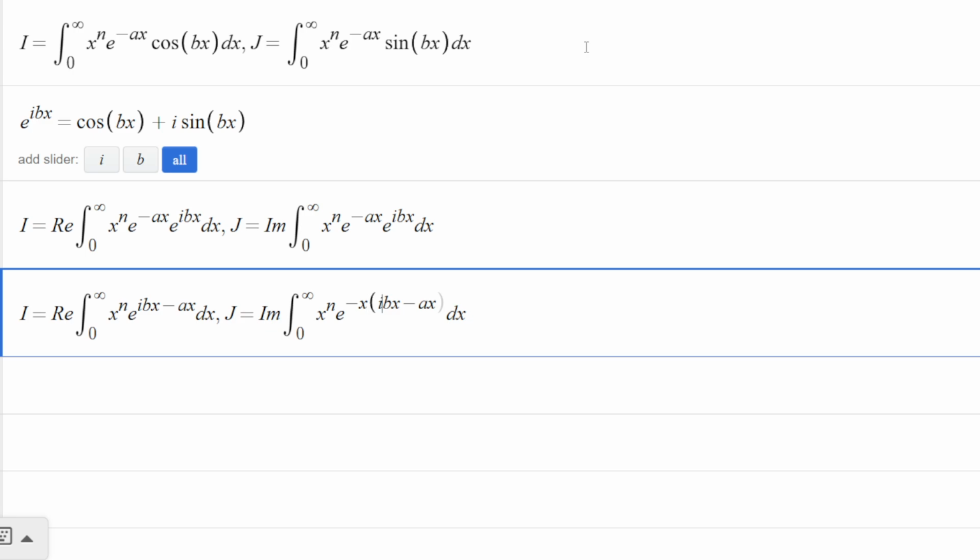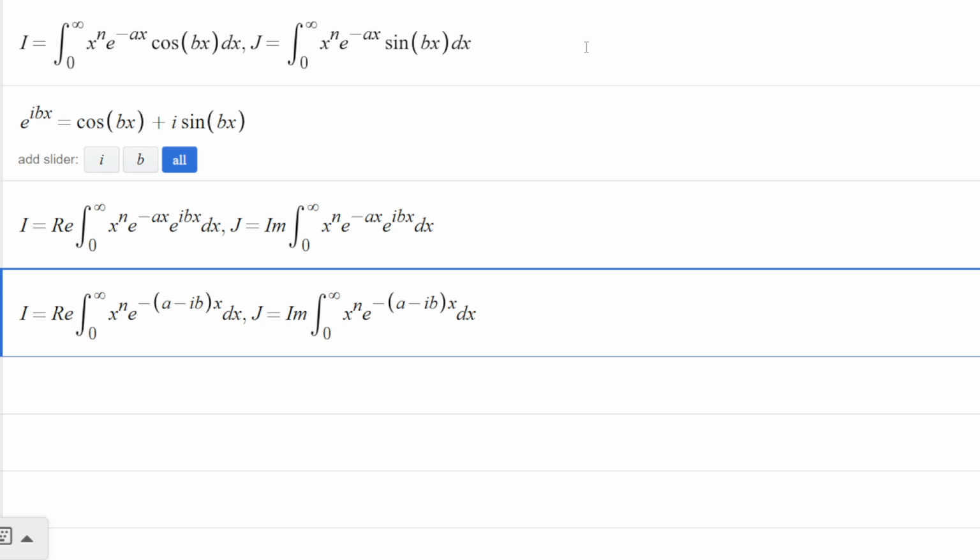Negative x, that's going to give us negative ib plus a. All right. And then, of course, I'll put the a over to the other side. And let's go ahead and put that in front of the x. All right. Now, the same thing's going to happen over here, so I'm just going to go ahead and copy that right there.